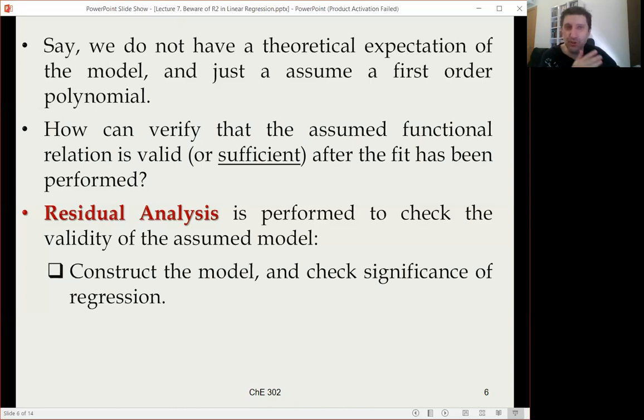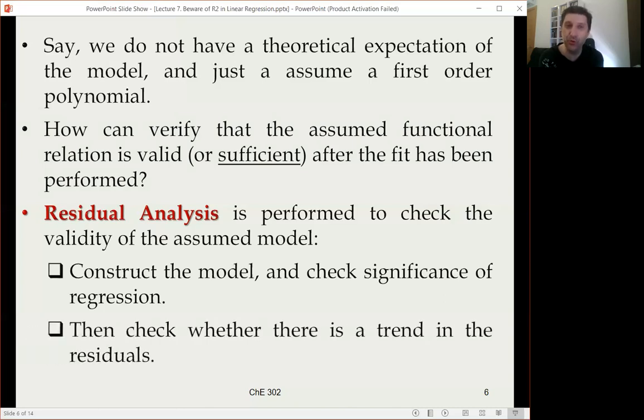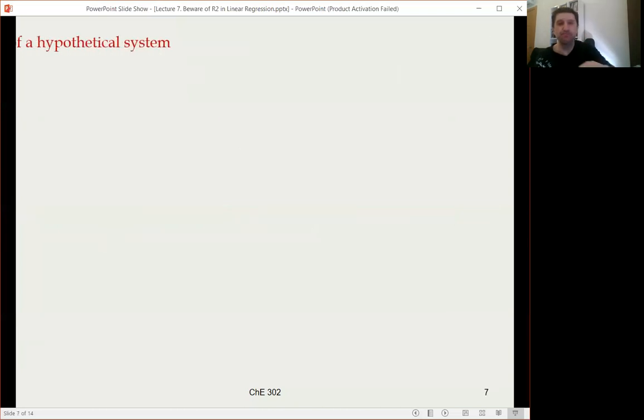This should be the very first basic step to make sure that you do not fit the noise, but there is really a relationship between the response variable on the y-axis and the independent variable, or covariate, or predictor variable on the x-axis. Once you make sure that your regression is significant, the next step is to find the residuals and then check whether there's a trend. So this is the novel part of this presentation.